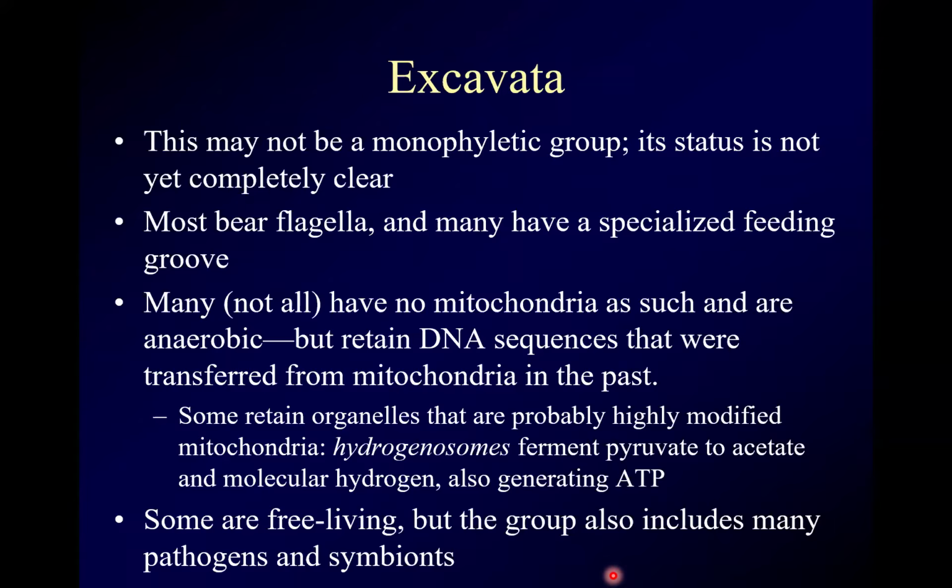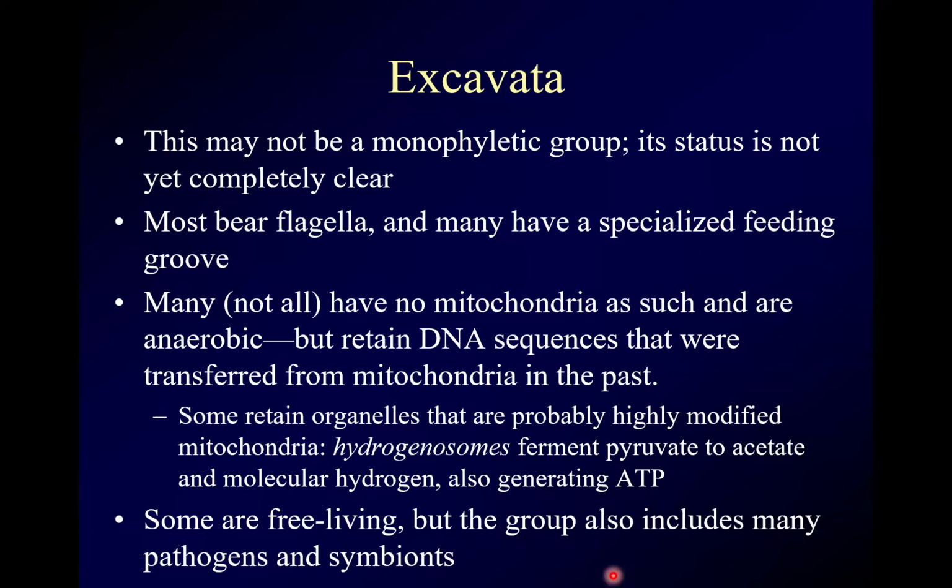Unlike apicomplexans, most excavates have flagella. They get their name because many, although not all, have a specialized food groove, a little pit or groove or something like that in the cell that enables them to feed. A lot of them have lost their mitochondria, but they retain DNA sequences that were transferred from mitochondria in the past.